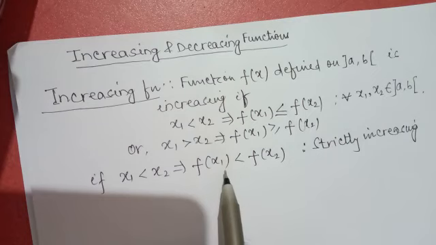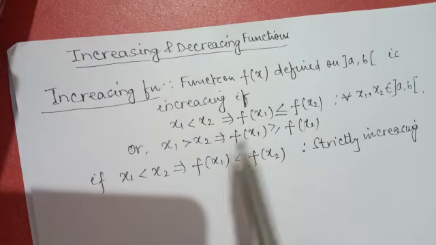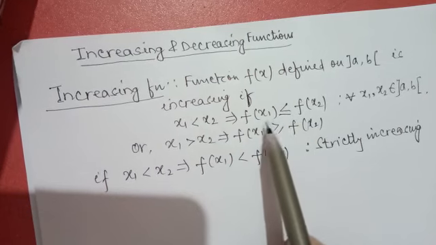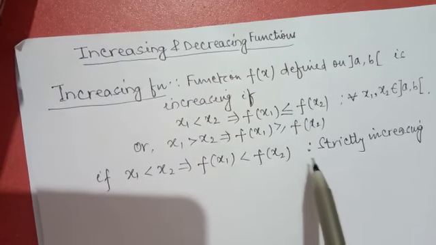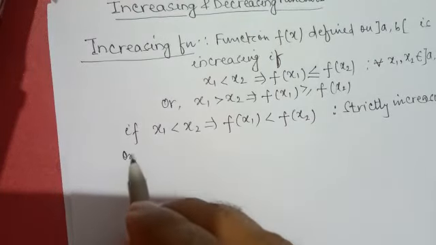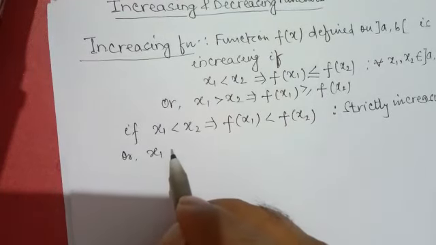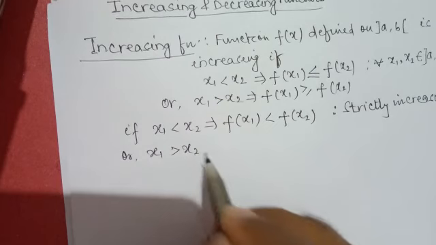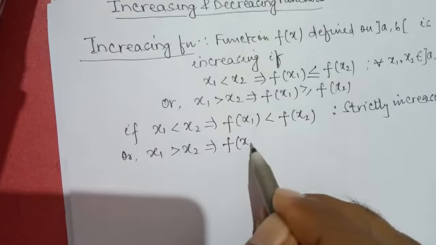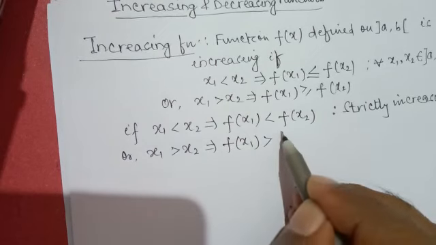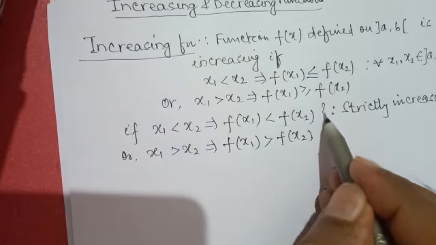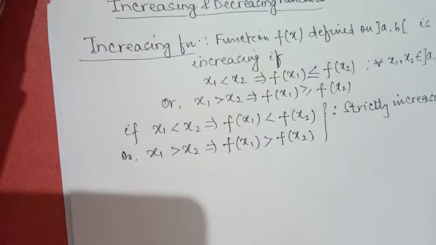See the difference: in increasing it may be equal to, but in strictly increasing it is only less than. Or you can say x1 greater than x2 implies f(x1) is greater than f(x2). This is the condition for strictly increasing.